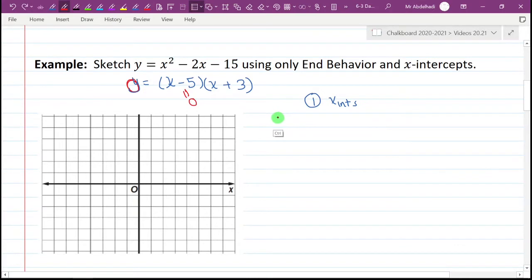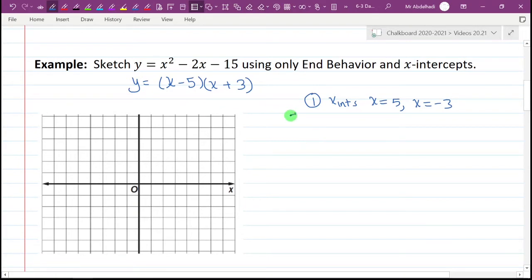So we'll do that. If we use the zero product rule right now, we can see that x minus 5 equals 0 gives us x equals 5. That's one X-intercept. And if we set this equal to 0, we get x equals negative 3. And there are our X-intercepts. So not too difficult. Just set the factors equal to 0.